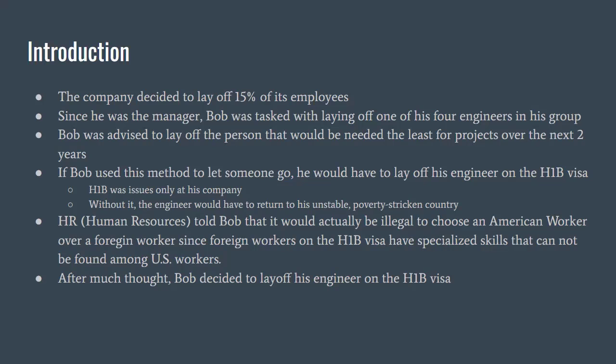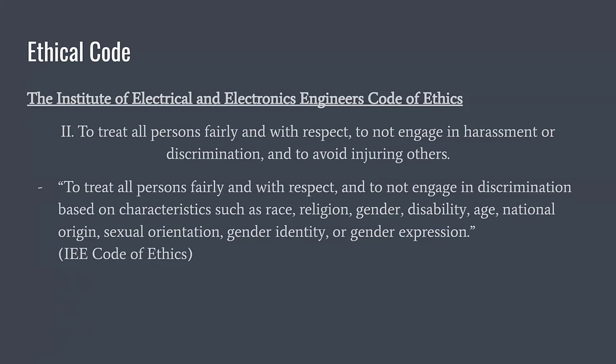With that, I'll pass it on to Tatsu to talk about the IEEE ethical code and a normative ethical theory. For the ethical code, we use the IEEE Code of Ethics from the Institute of Electrical and Electronics Engineers. From the Code of Ethics, we chose code number 2, which is to treat all persons fairly and with respect, to not engage in harassment or discrimination, and to avoid injuring others.